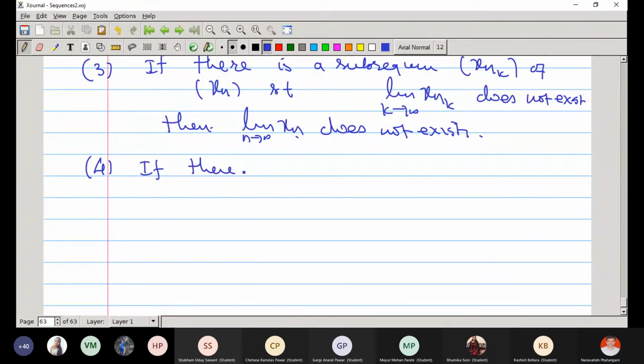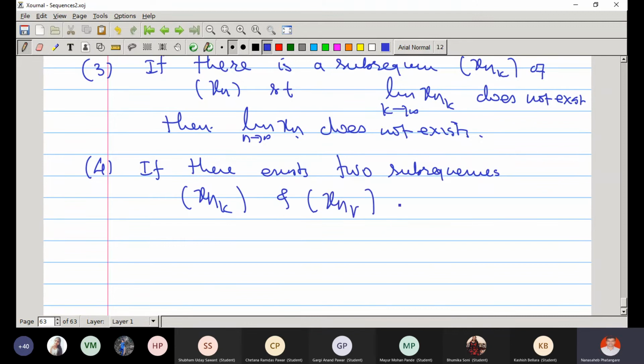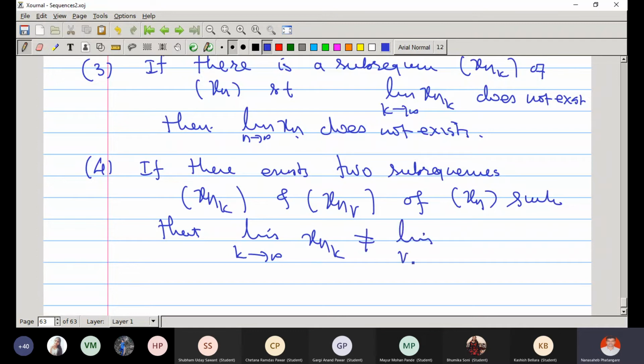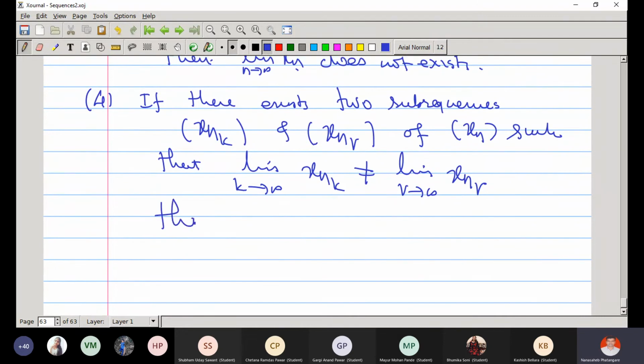If there exist two subsequences x_{n_k} and x_{n_r} of x_n such that the limit as k tends to infinity of x_{n_k} is not the limit as r tends to infinity of x_{n_r}, then what is the conclusion? x_n is divergent. x_n is definitely divergent.